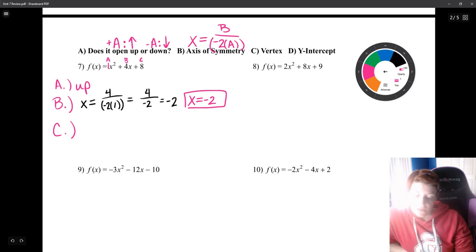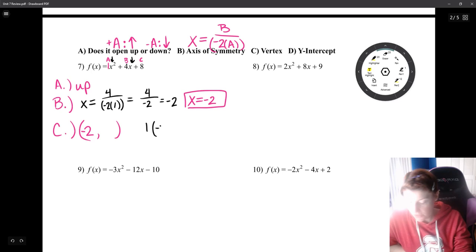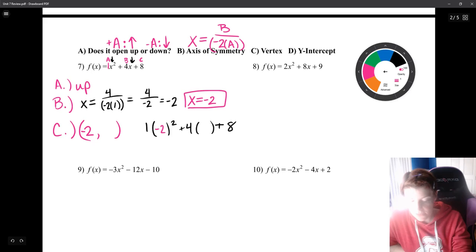Part C, it wants the vertex. So the first part of our vertex is the negative 2. I almost missed that negative. The negative 2 from our original equation that we just did. Now I'm going to take that negative 2 and plug it in for x here and here. So I have 1 times negative 2 squared plus 4 times negative 2 plus 8.